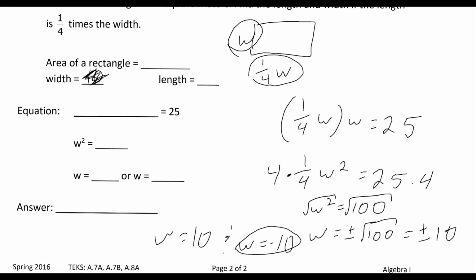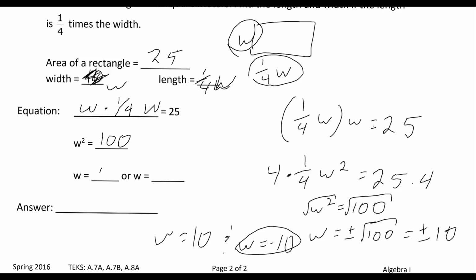The area of the rectangle is 25. The width is going to be W, and the length is going to be 1/4 of W. I know that doesn't look very pretty. The equation that we're going to use is W times 1/4 of W. As we were solving this, W squared wound up equaling 100.